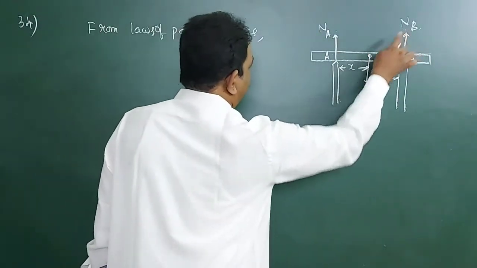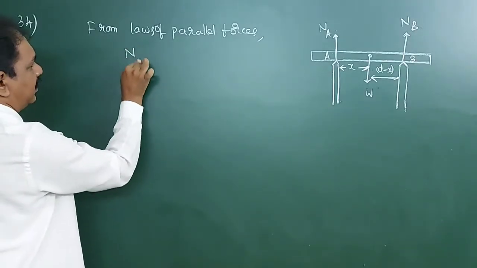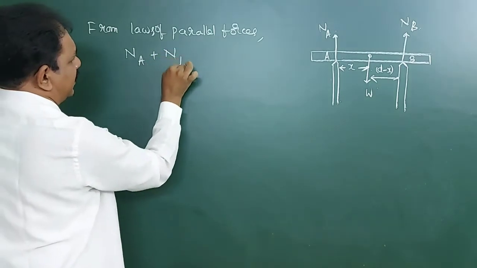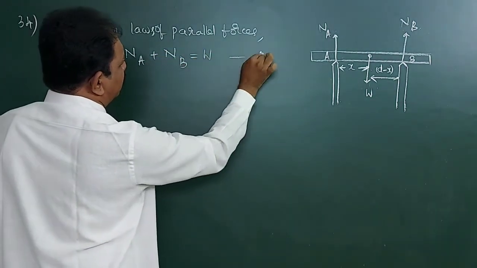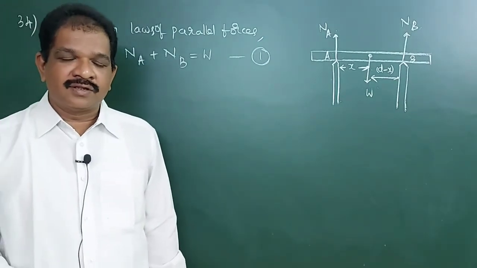These two are upward forces, this is the downward force. NA plus NB is equal to W. This is the first law of parallel forces.